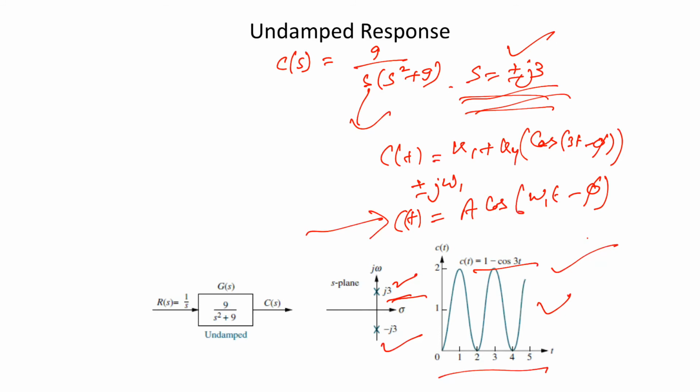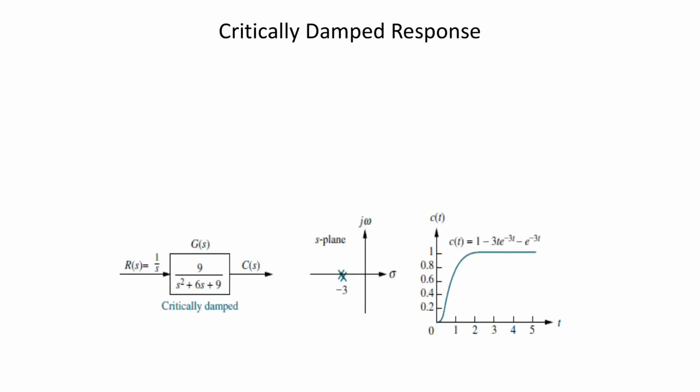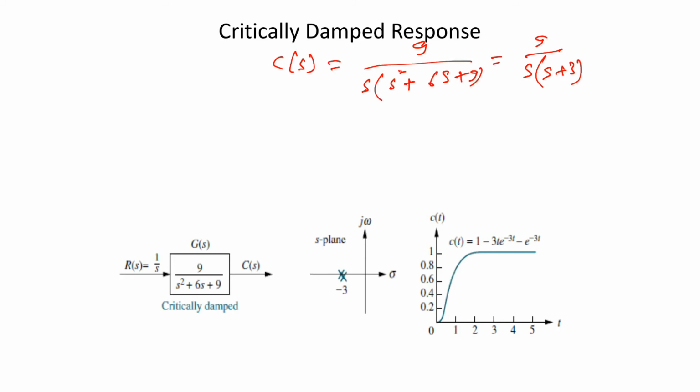that are imaginary. Okay, now let us consider the next case, that is critically damped. Let us consider the system response is given by 9 divided by s squared plus 6s plus 9, and finally we are getting 9 divided by s into (s plus 3) squared.